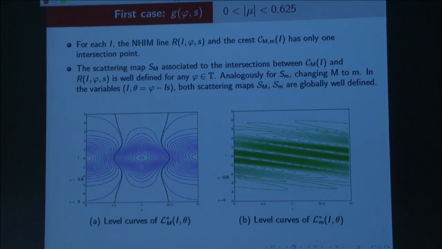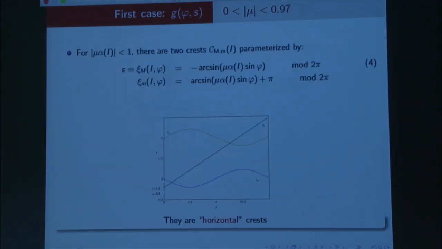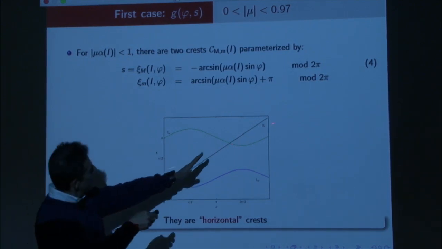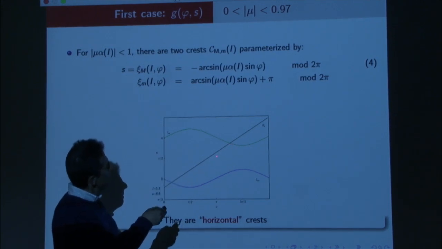I do this, and for instance, now if I restrict a little bit more, if mu is now between 0 and 0.625, every one of these lines, this is what we call the limb line. The limb line is the line that follows the unperturbed inner dynamics. We have to see now if it touches in a transversal way.